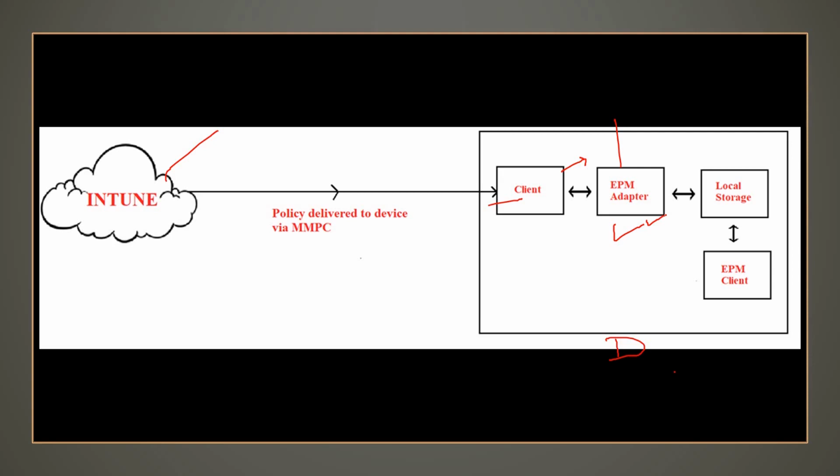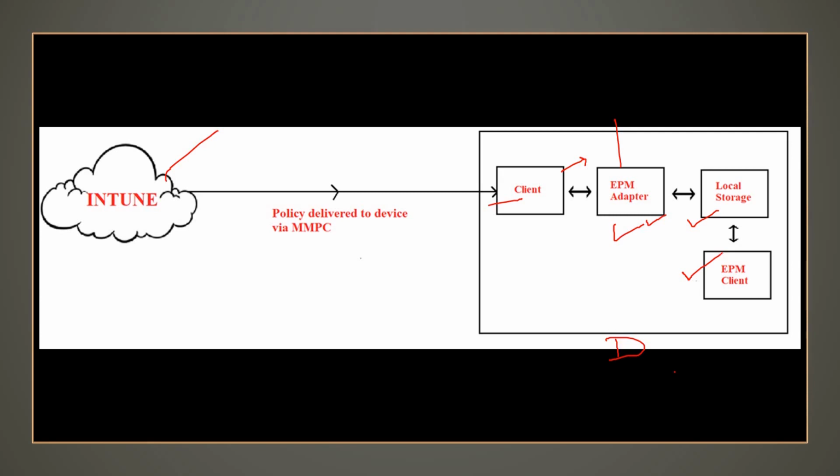Now, what the EPM adapter is going to do, it is going to read and ingest the elevation rule policy, and it's going to write it down to the local storage of the device. Now, once it is written down to the local storage, the EPM client is now going to ingest the policy, and the rule is now going to become active.